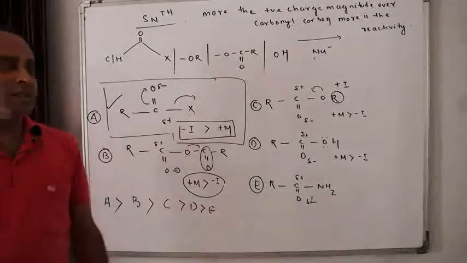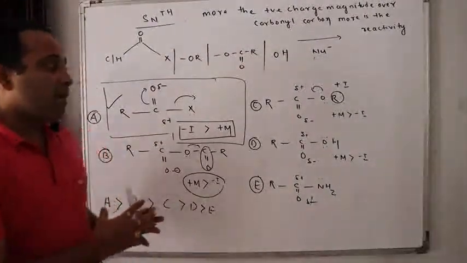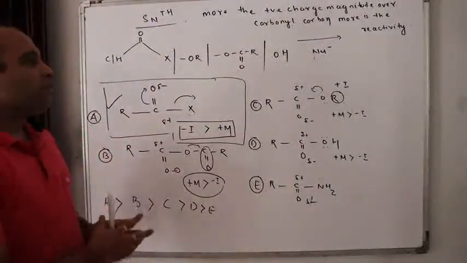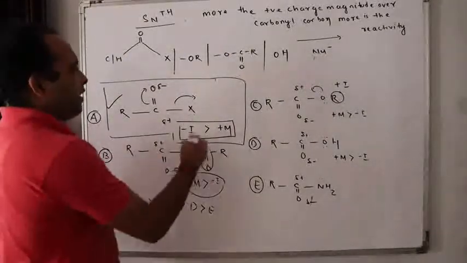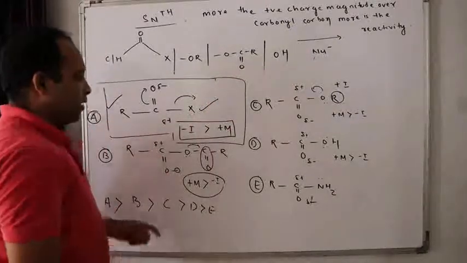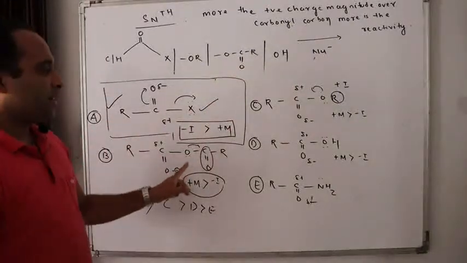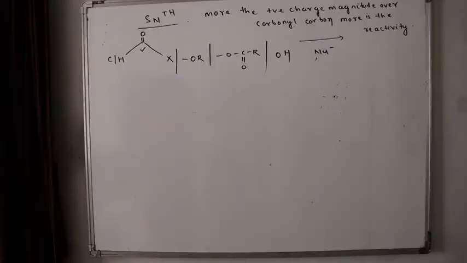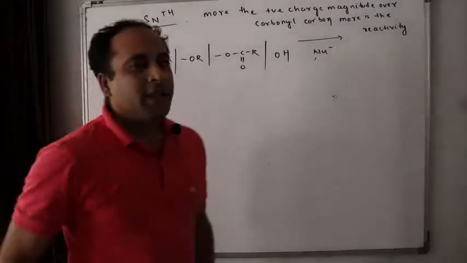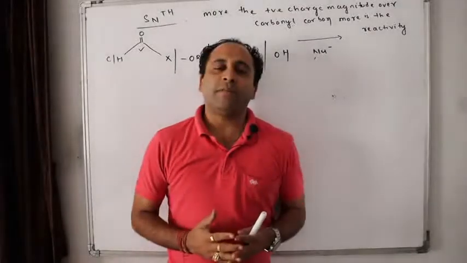Now you just see reactivity means leaving group power. Now tell me, who is having a better leaving power? Here X is a better leaving group. Then this anhydride part is also a better leaving group. So what did I say? The reactivity depends upon what?